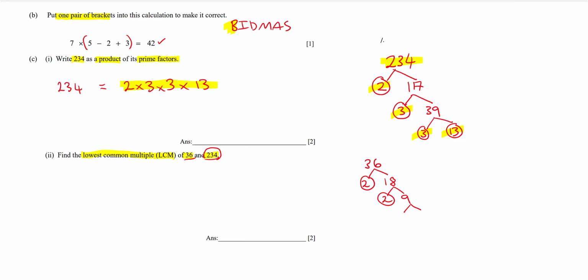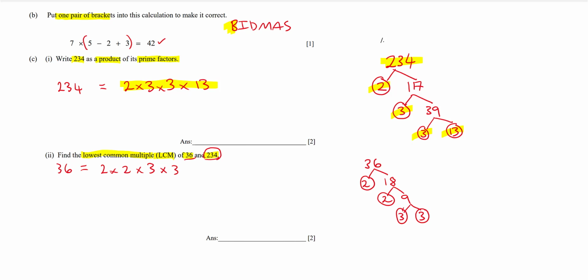And 9 is odd, so 2 doesn't divide into 9, so we'll choose the next prime number, which is 3, and 3 times 3 is equal to 9, and 3 is a prime number. So we have then that 36 is equal to 2 times 2 times 3 times 3.